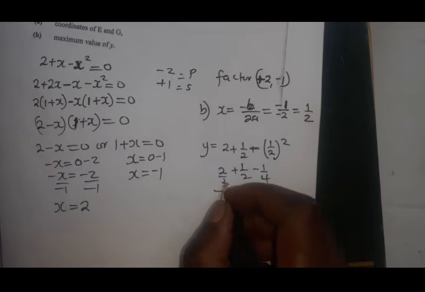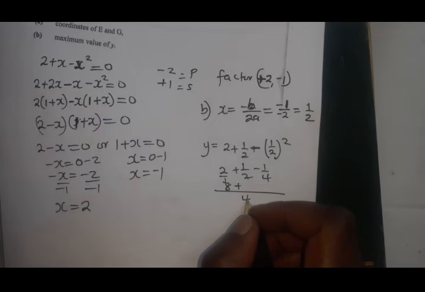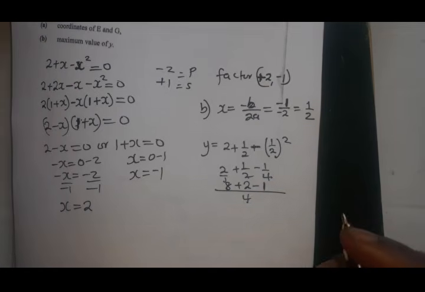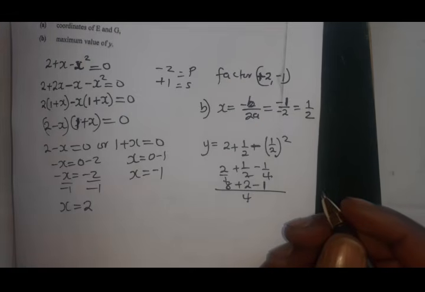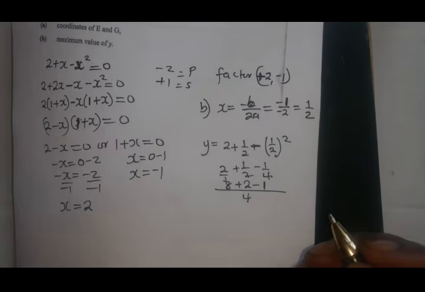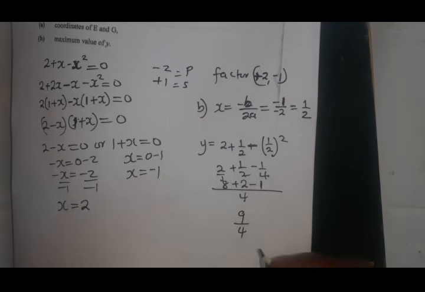Here it is 4, so we get 8 plus 2 minus 1. You add these two, you get 10, and 10 minus 1 gives you 9 over 4.